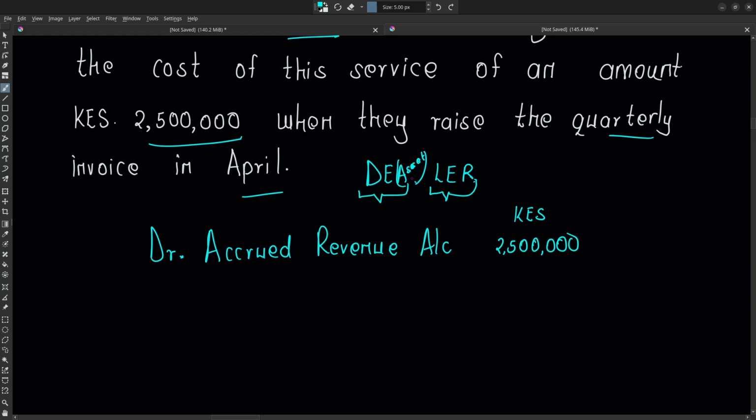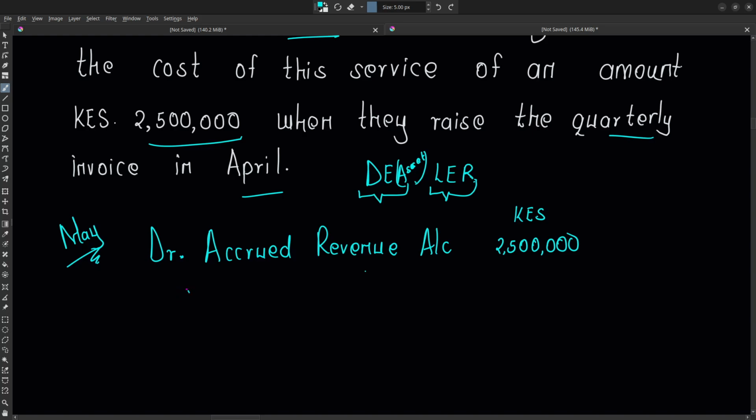On the left side of the expanded accounting equation, we usually debit to increase that account and credit to reduce it. So here we are recognizing an increase in our accrued revenue. These are the journals you are passing at the end of May.